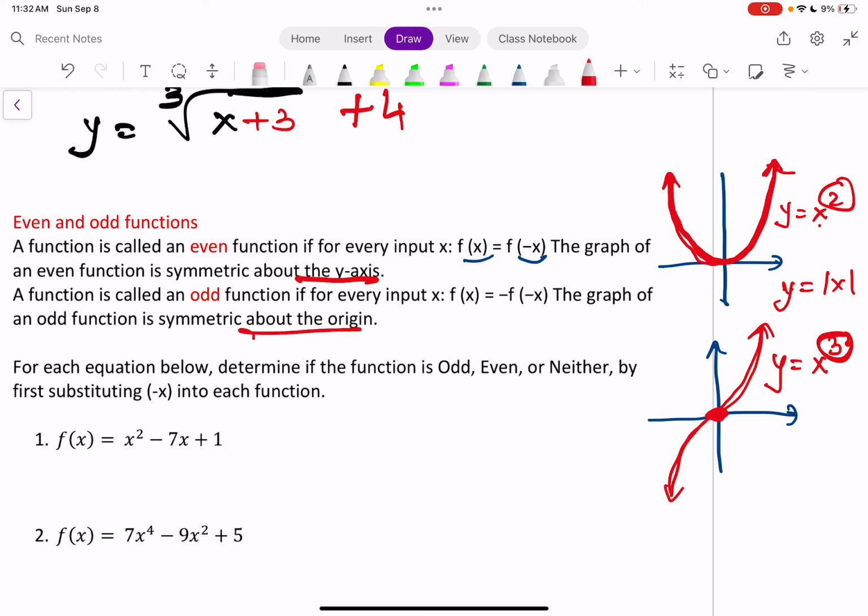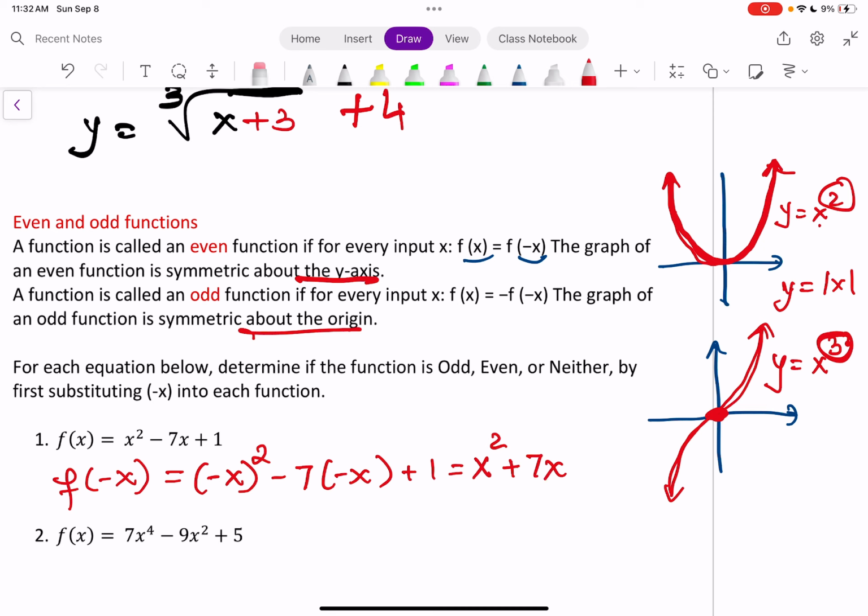Okay. To decide if a function is even or odd, what we simply have to do, if we don't know how to graph it just yet, which we don't, is plug in a negative x for x and see what happens. Well, when you plug the negative in here, you'll get still the same. A negative times a negative is a positive, and then plus 1.